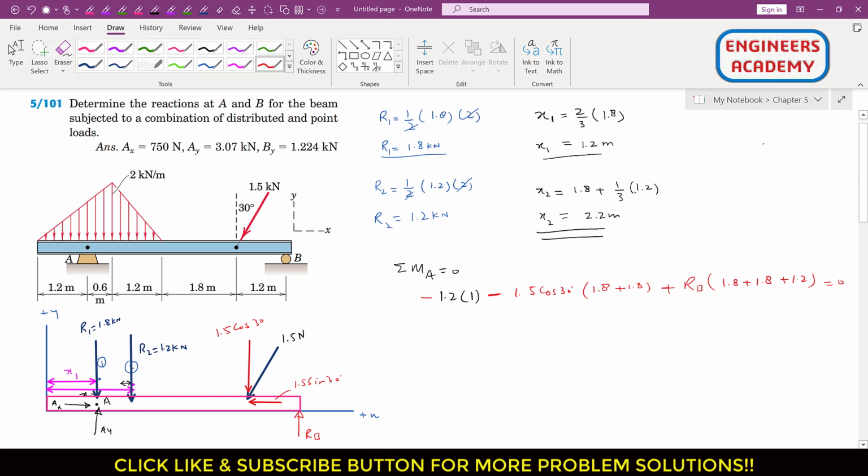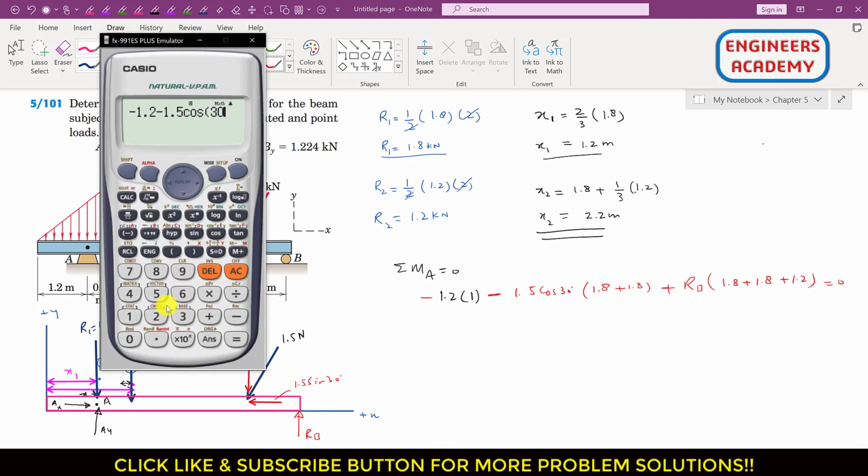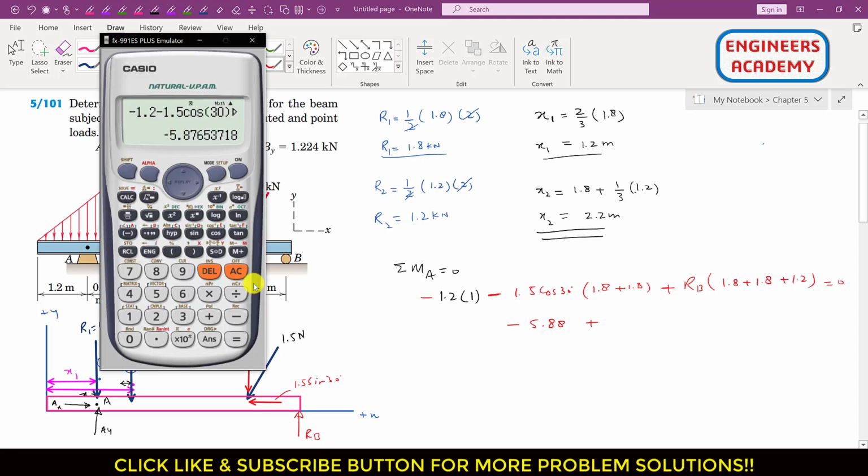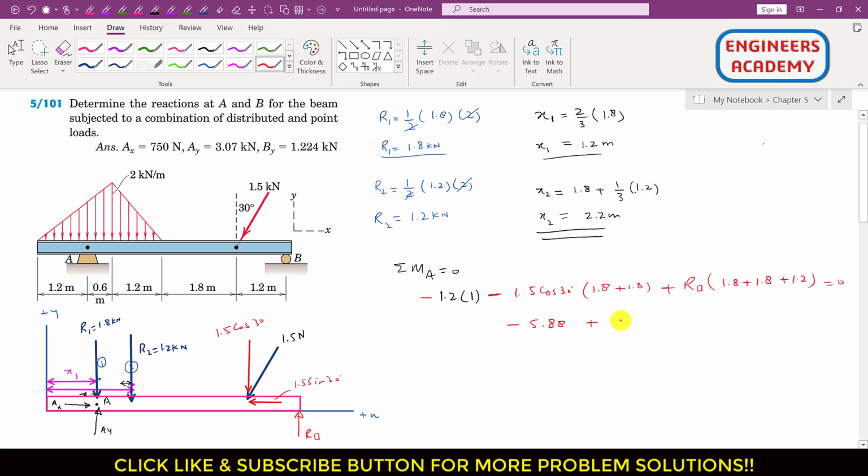So we can simplify this. So these two terms equal minus 5.88 and plus RB. So we have to find this RB. This 1.8 plus 1.8 plus 1.2 is 4.8, right? So 4.8 RB equals 0, or we can say that 4.8 RB equals 5.88.